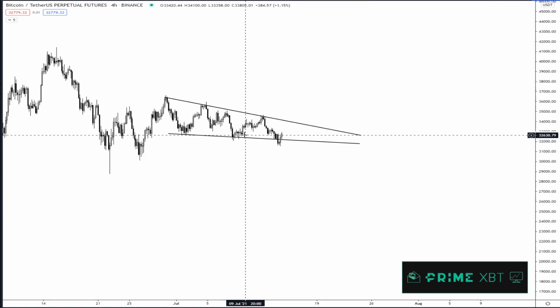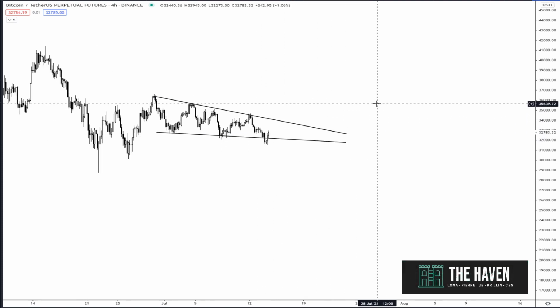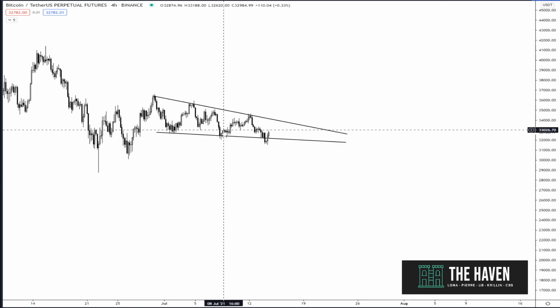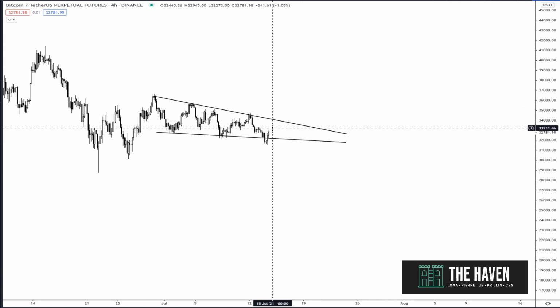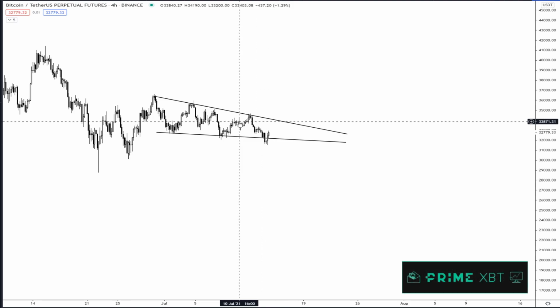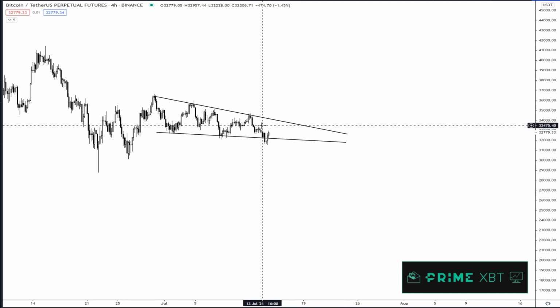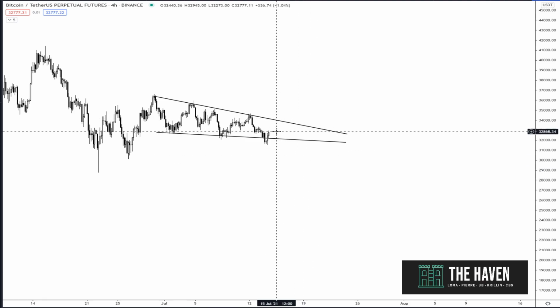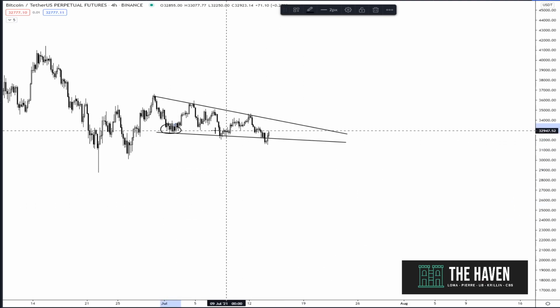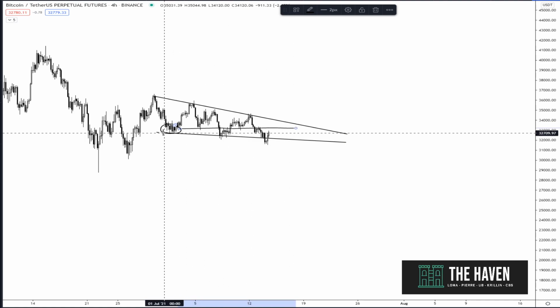So my argument is that even after we sweep these lows, if we do not retest this diagonal resistance, or even like this 33.8K area, 34K regardless, which may even end up lining up to be that diagonal resistance, whatever it is, if we don't bounce much further than this, be aware of this cluster of resistance right now that we're up against.